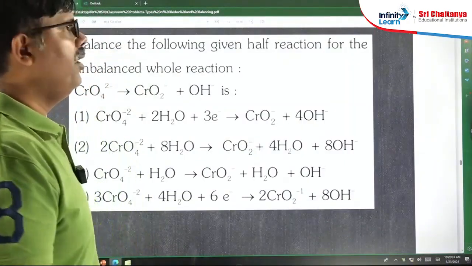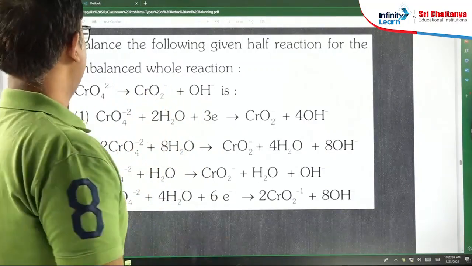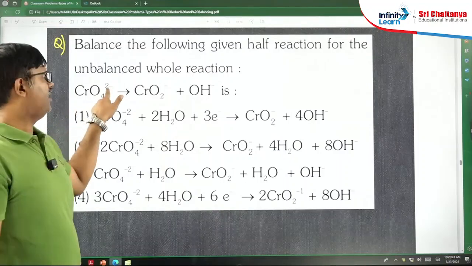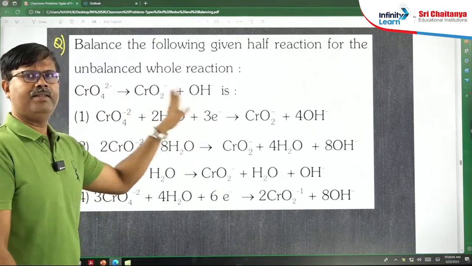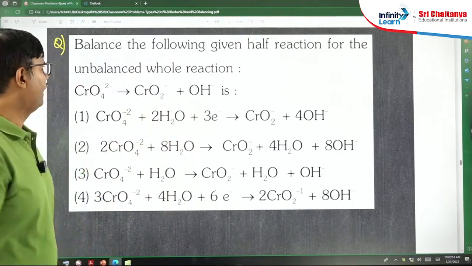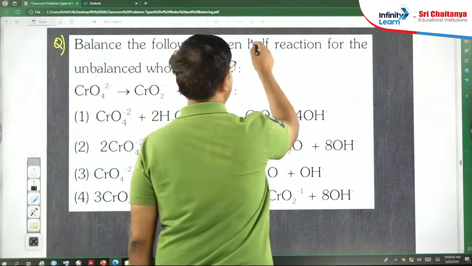Balance the following half reaction for the unbalanced whole reaction. There is a reaction given: CrO4 minus 2, CrO2 minus, OH minus. We have to balance this and select the right option among them. Now, what is a half reaction?